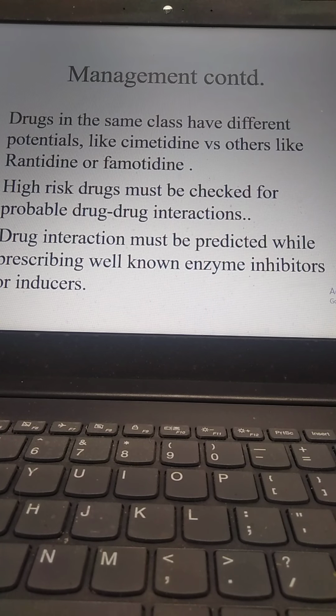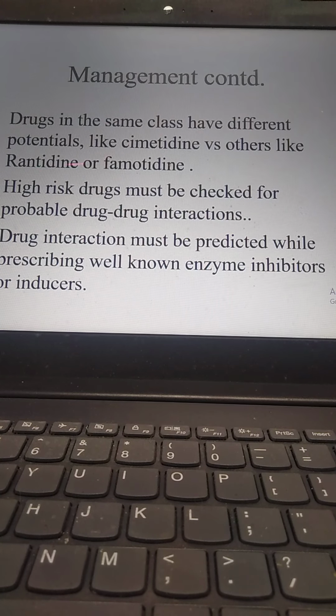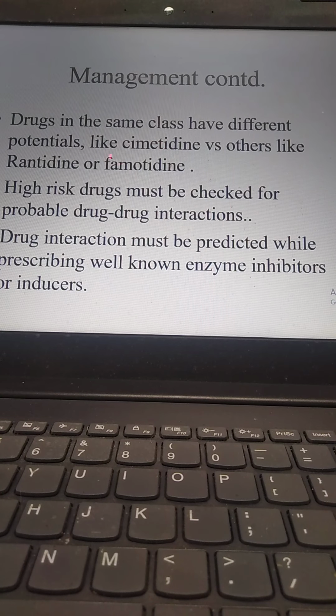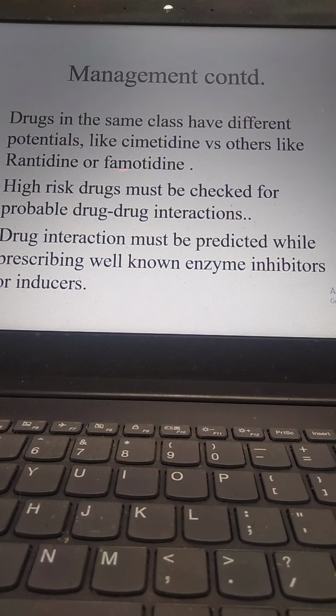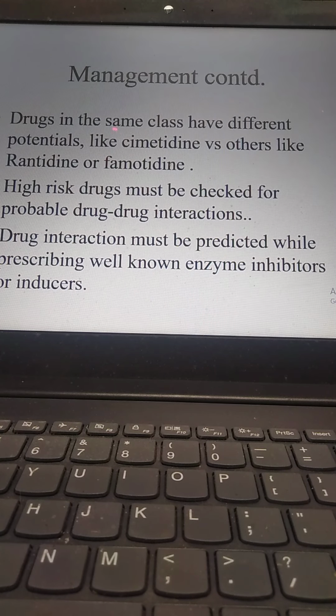Management continued. Drugs in the same class have different potentials, like cimetidine versus others like ranitidine and famotidine. Cimetidine is a very toxic drug. We have to select the drug which satisfies the therapeutic regime of the patient. High risk drugs must be checked for probable drug-drug interactions.